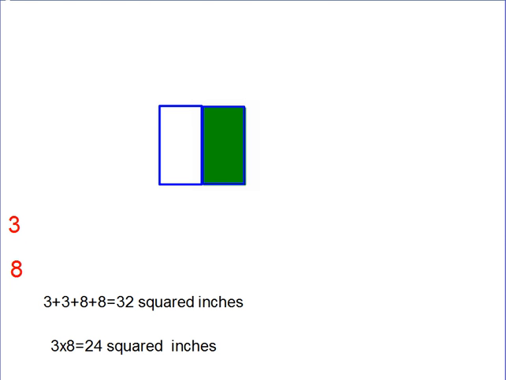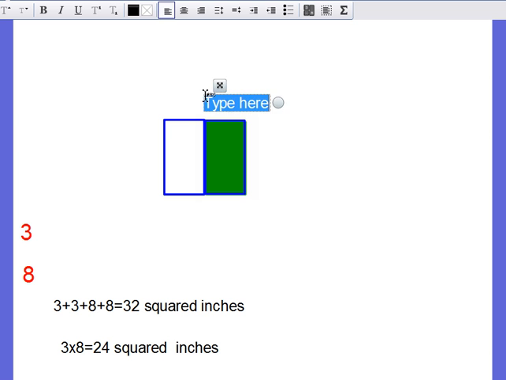I now have 6 and 4. Because if I double the 3, which I did when I rearranged, 3 plus 3 is 6. And if I cut my 8 in half, which I did when I moved it, I only have 4. Did my dimensions, my area, and my perimeter stay the same?